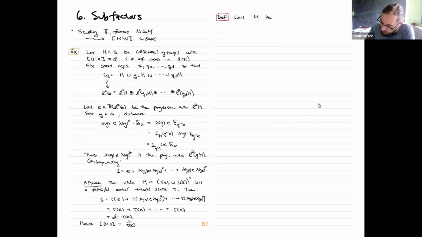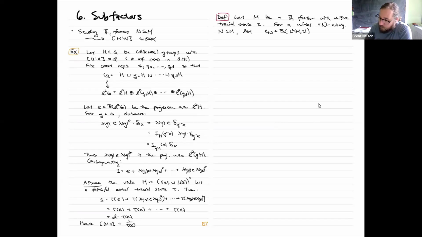So let M be a II_1 factor with unique tracial state tau. And for a unital von Neumann subalgebra N inside of M, we'll let E_N be a bounded operator on L2(M, tau).